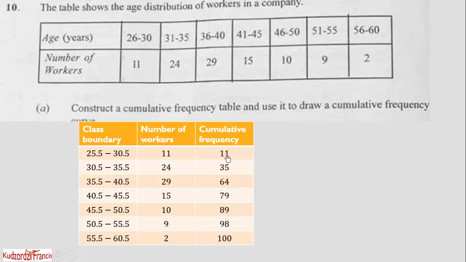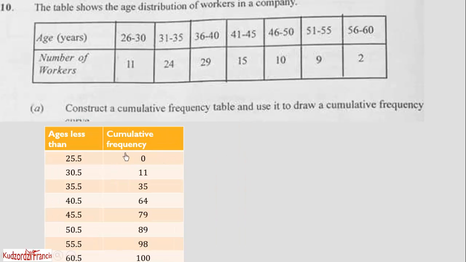Now we need the ages less than, the lower class boundaries. So ages less than 25.5, 30.5, 35.5, up to 60.5.